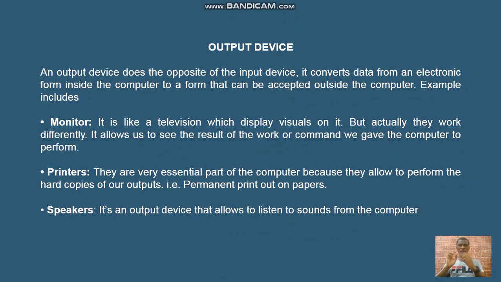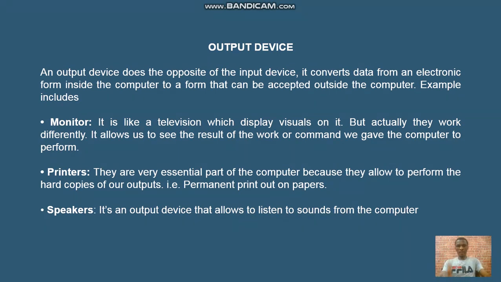And take note, a computer does not understand a normal language, English or any other language. Rather, what the computer understands is binary numbers, zeros and ones. So this is how the computer sees any data, anything that is communicated to it.